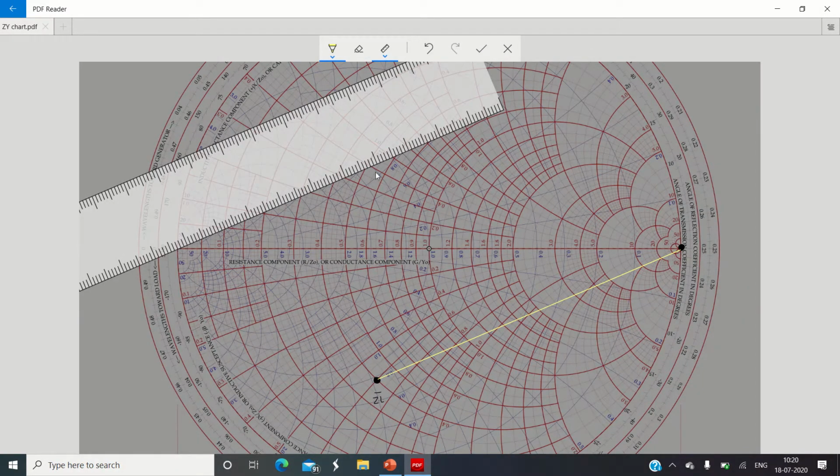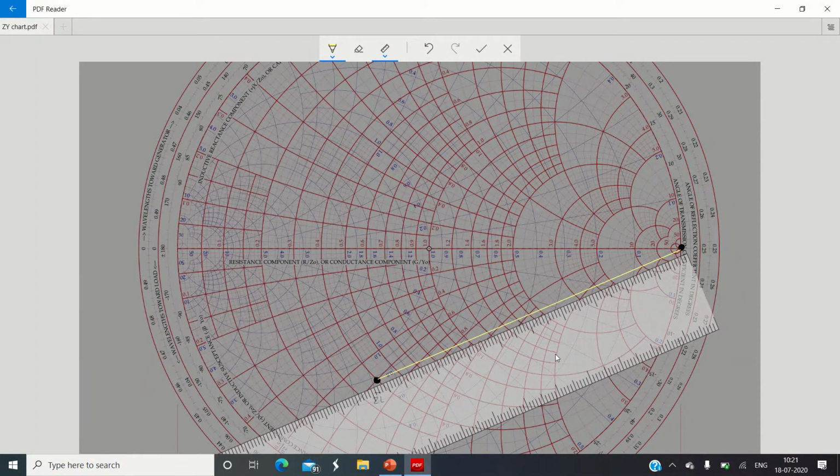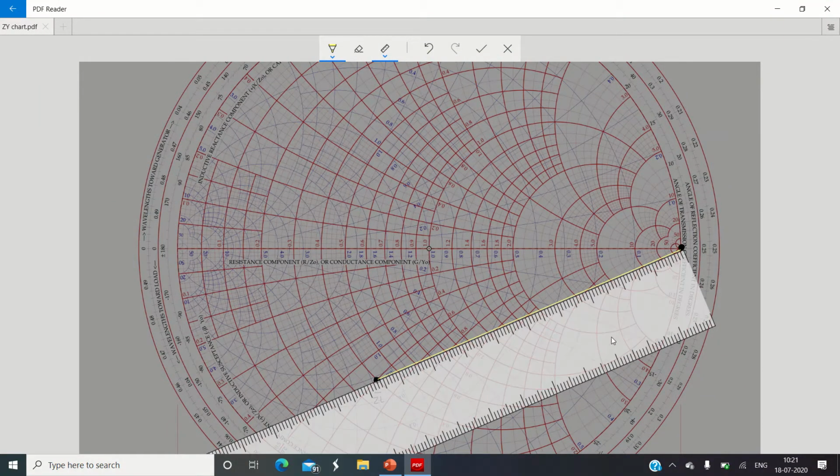So I will measure the distance of this line. Roughly, this is 1 centimeter, 2, 3, 4, 5, 6, 7, 8, 9. It is around 9.8.